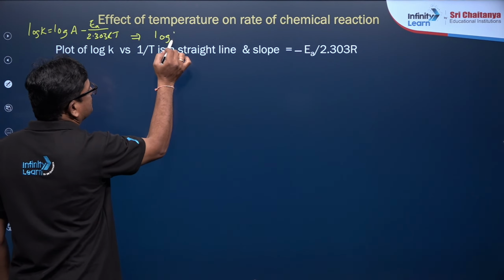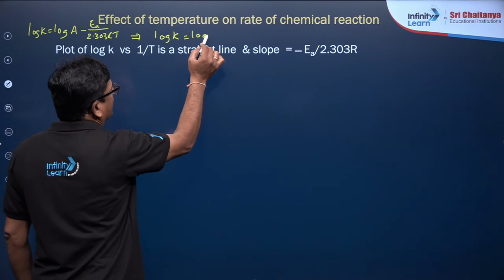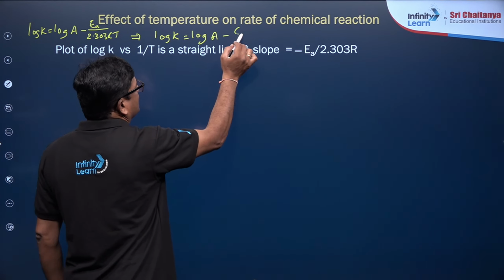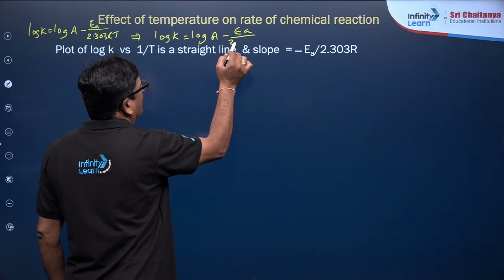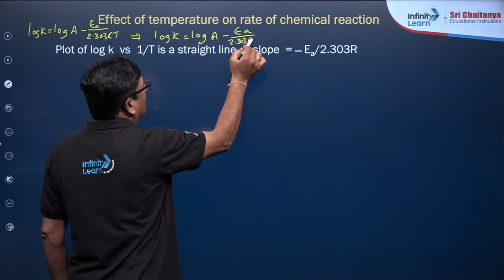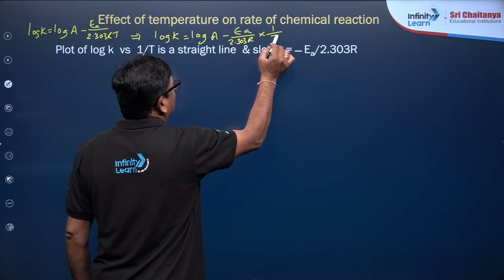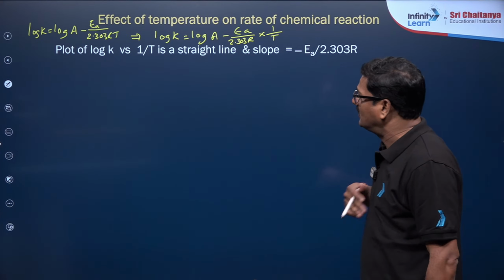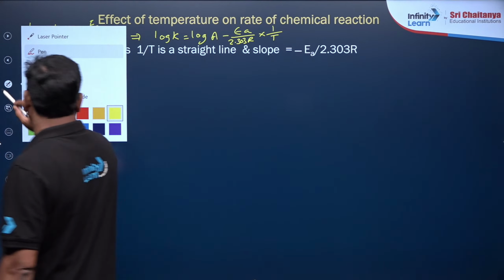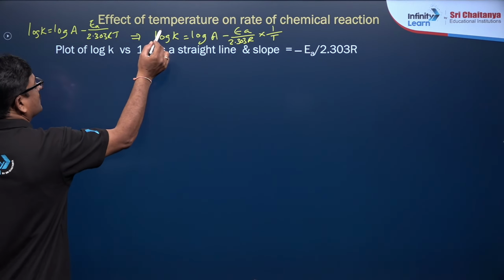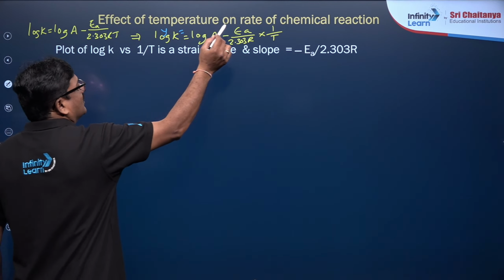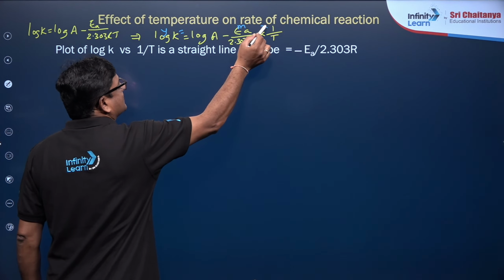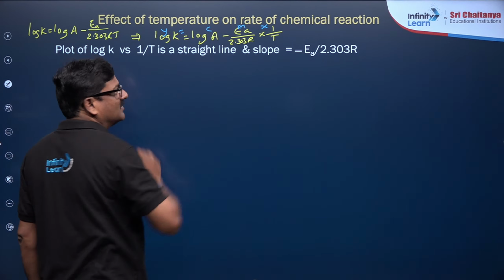Simply you can write this also: log K is equal to log A minus EA by 2.303 R into 1 by T. This expression looks like y is equal to mx plus c, right?